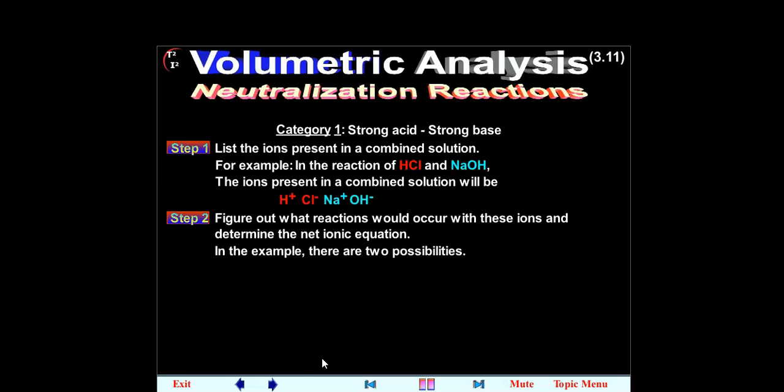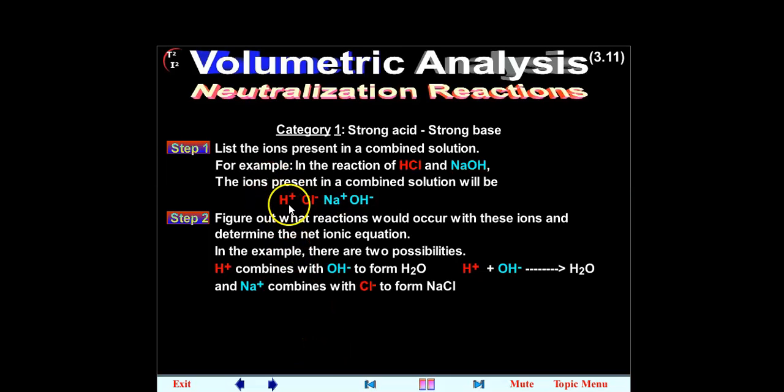In the example, there are two possibilities. H+ combines with OH- to form H2O. And Na+ combines with Cl- to form NaCl.